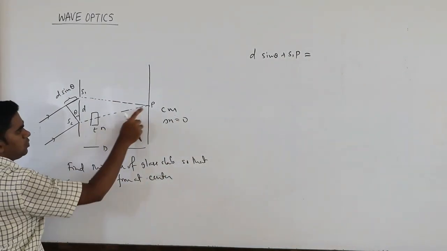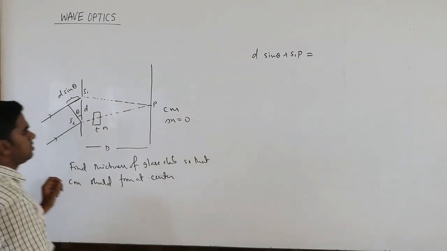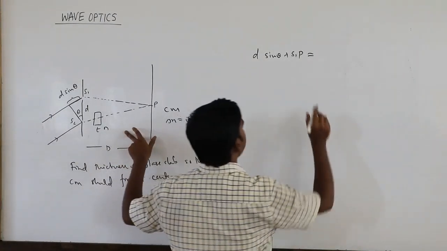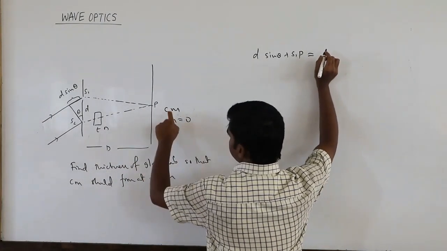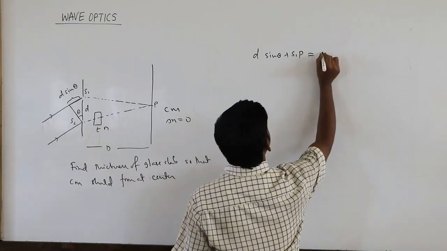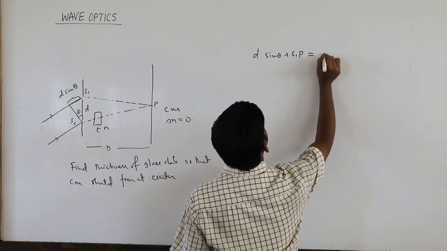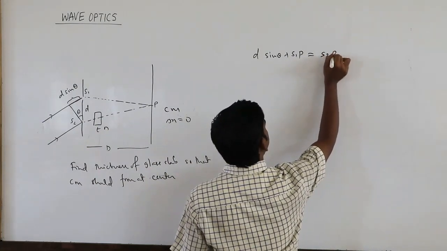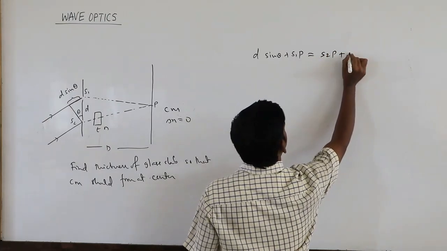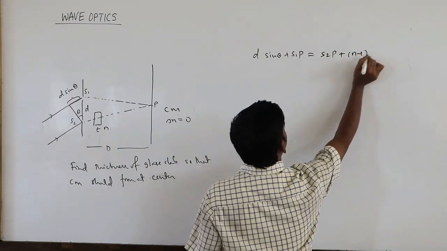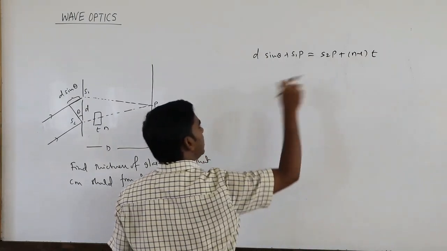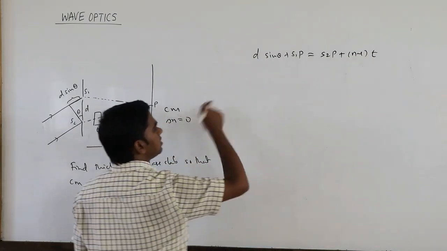It is S2p plus the extra distance traveled, or extra path, what is that? Path difference. So what we can write here is S2p plus n minus 1 into t. That is the extra path it is traveling.